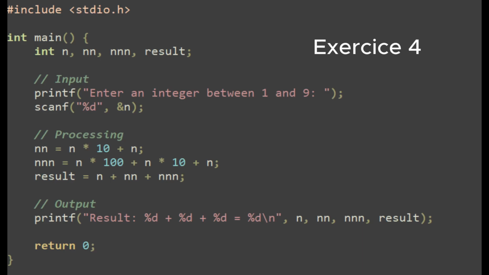Outputs: display the result calculation. Explanation: this exercise uses mathematical place value to construct larger numbers from a single digit. If n equals 5, nn equals 5 times 10 plus 5 equals 55. nnn equals 5 times 100 plus 5 times 10 plus 5 equals 555. Result equals 5 plus 55 plus 555 equals 615.